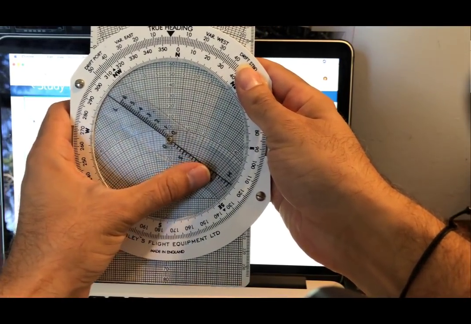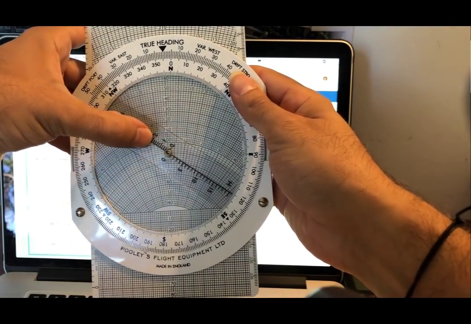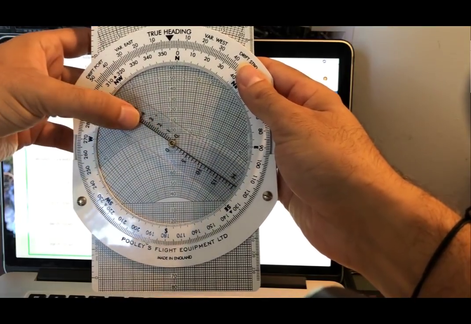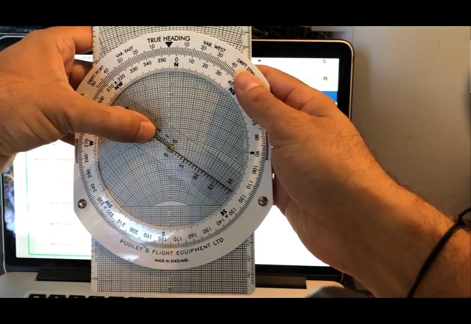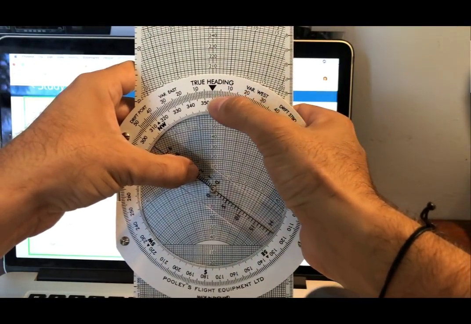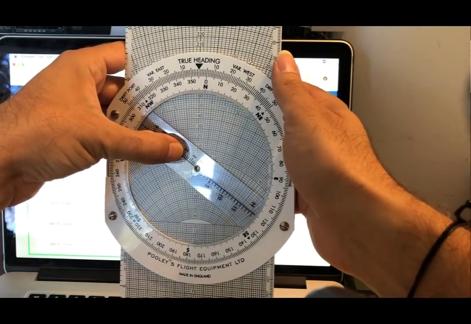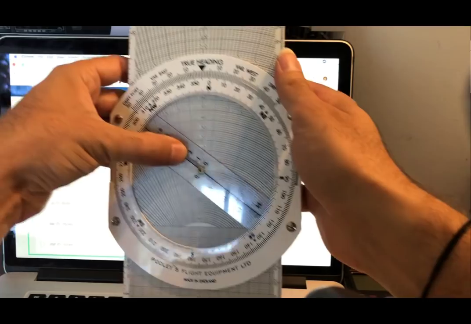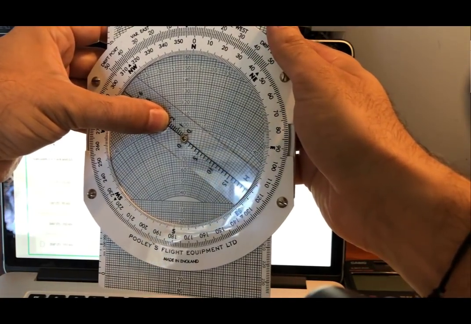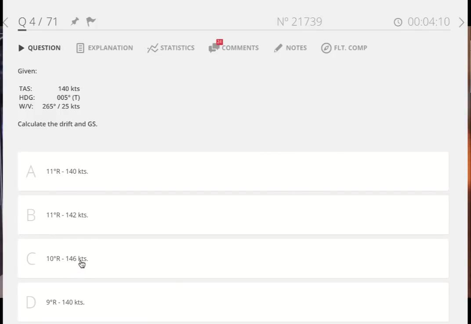So 120, we're looking at 20 knots of wind, so we're looking at sort of a 9-ish left drift on 355, so we're talking about a track of 346 and about 102 knots. So what have we got? Well, we've got 346 and 102 knots. We have an answer. So as you can see, it's super quick, and again, saves you time.